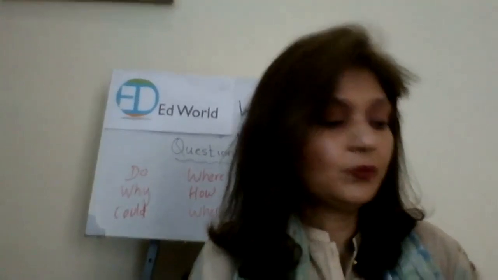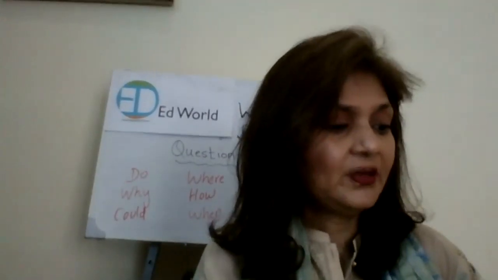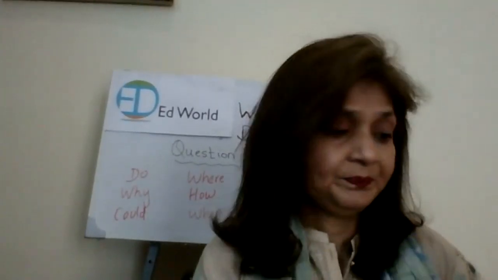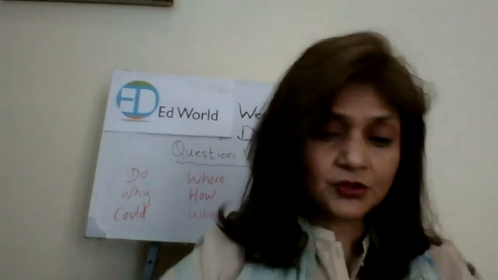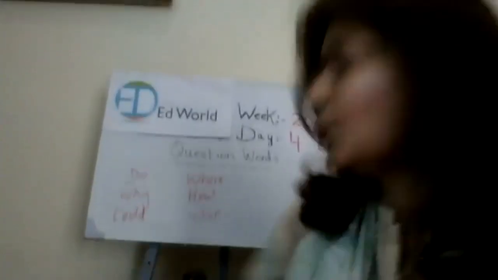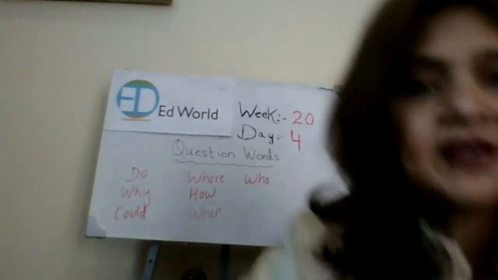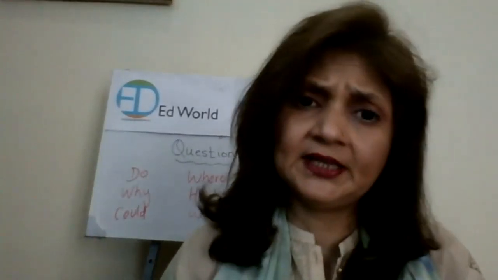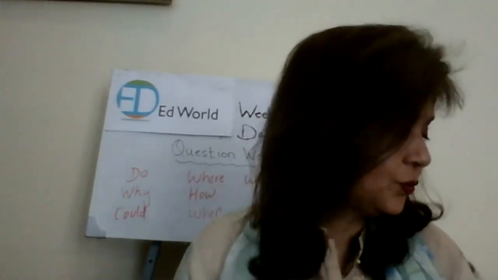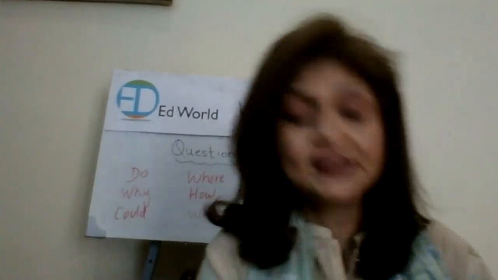Now these are all words we use in questions. Why, where, when, what, who. Okay, now who was left? So we'll just write down who also over here. You can make a sentence like this. Who do you like the best? Okay. So who is another question word which was left out.